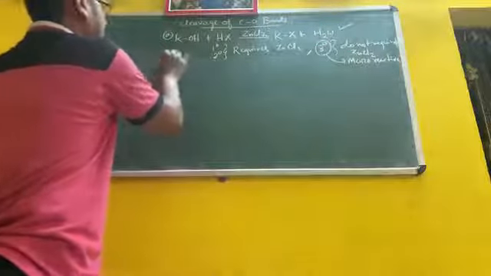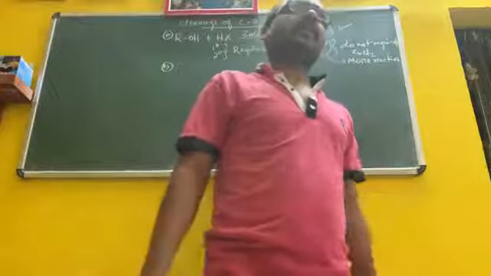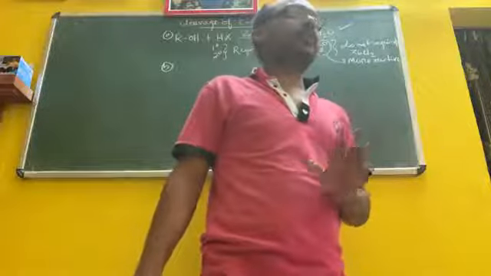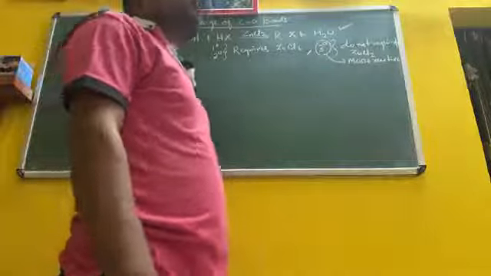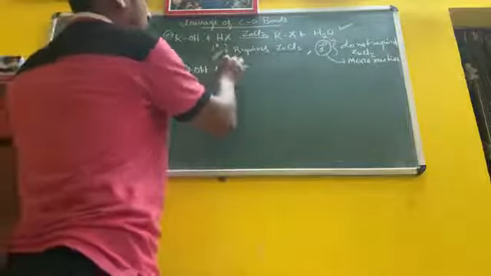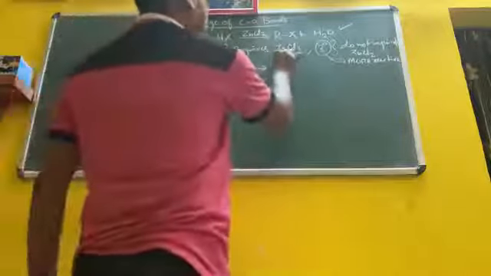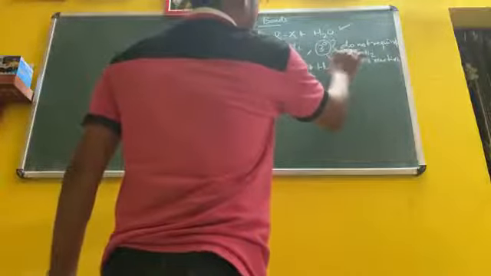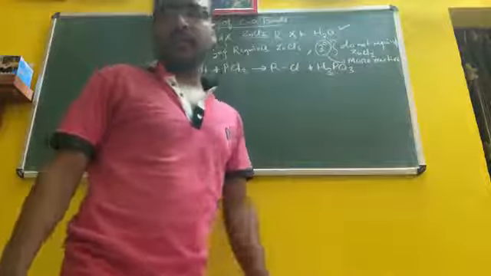Then second, there are five important chemical reactions in that batch. With phosphorus trichloride: ROH plus PCl3 to form RCl plus H3PO3, phosphorous acid.